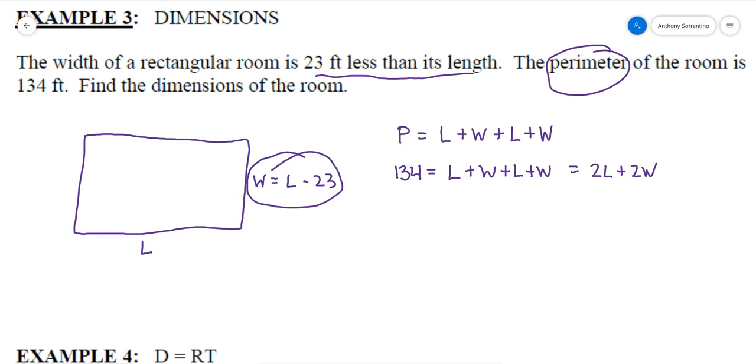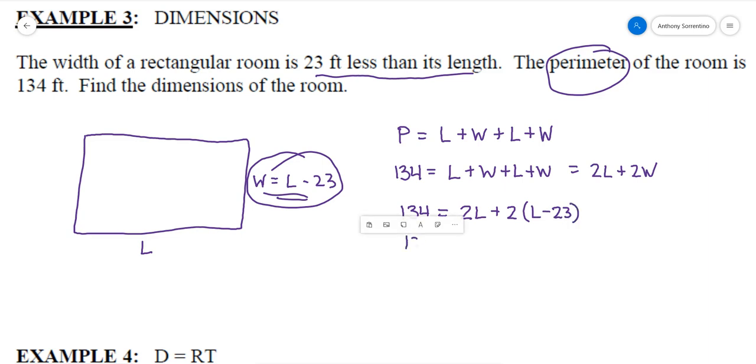So I can now change this to 134 equals 2L. And since W is equal to L minus 23, I can replace W with L minus 23.